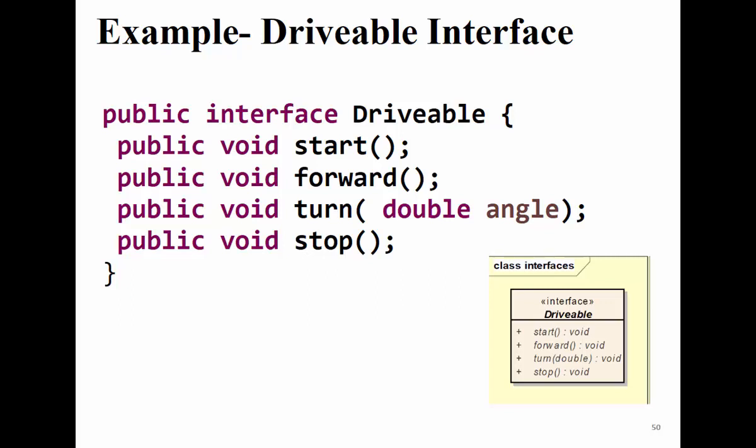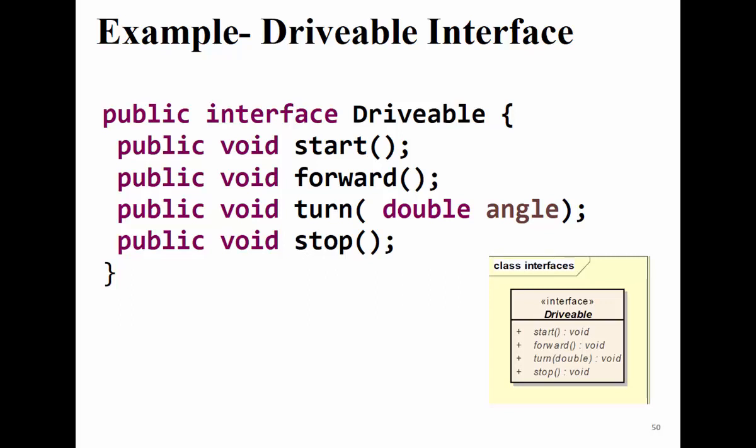To be able to drive the car, implement the Drivable interface, so you need to give me a method to start the bicycle, how to start the car, how to start the motorcycle. All these are different implementations, but all of them agree to implement the interface. So there is a forward, moving forward, or there is turning to an angle. I know turning to an angle on the motorcycle is maybe similar to bicycles, but it's different in the car.